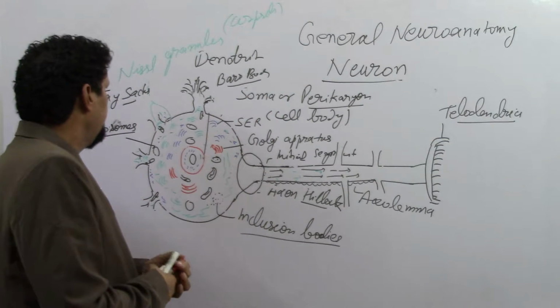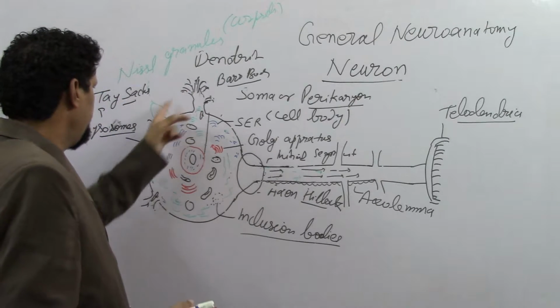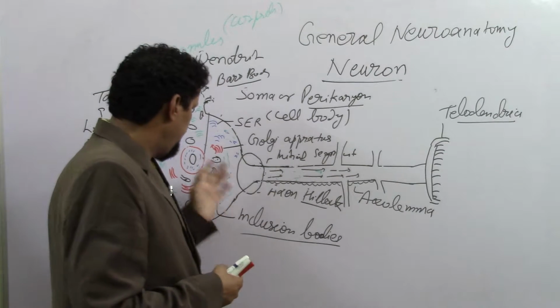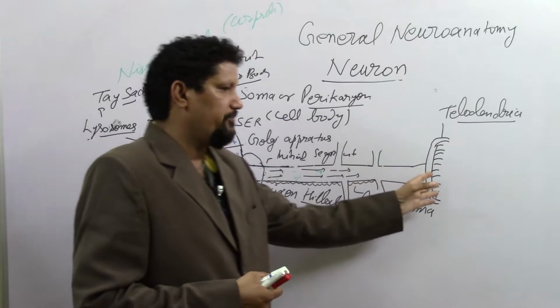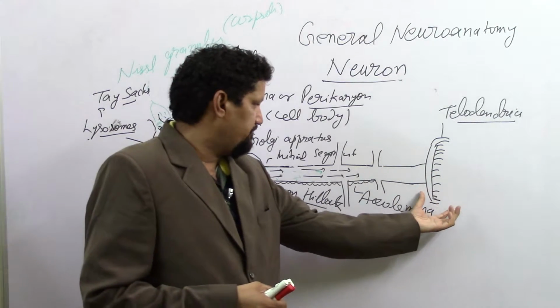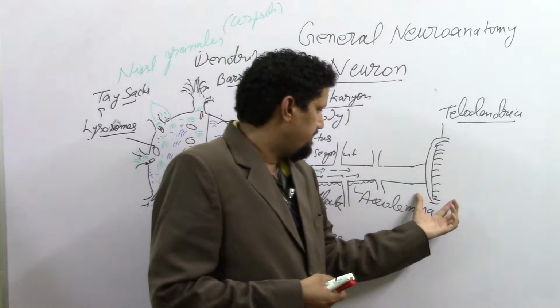So afferent impulses come toward the soma through the dendrites, and efferent impulses leave the soma through the axon to the terminal part of the axon. It forms synapses. It may be in the form of axodendritic, or axo-axonic.